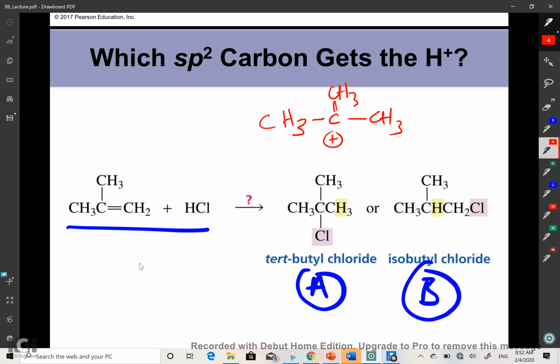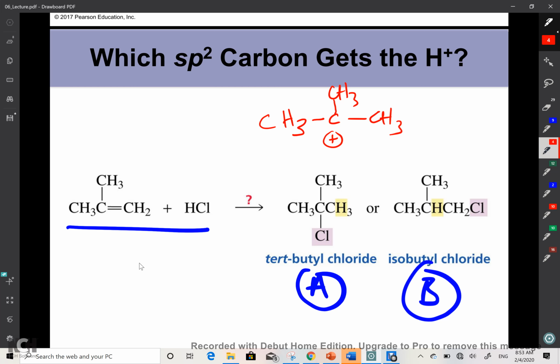Do you guys have this as the intermediate for product A? Who doesn't know? Yes. Is that a double bond going to the carbon? No. Sorry, it's a single bond. I told you I need to learn how to write like that. So do you guys have this one as the intermediate for product A? Everyone? Okay.